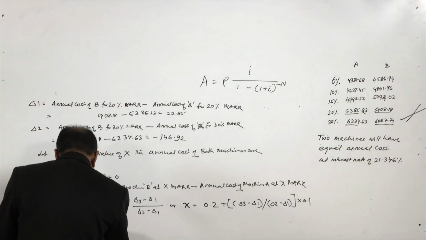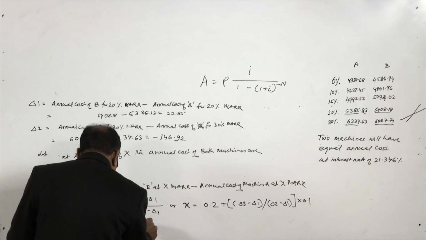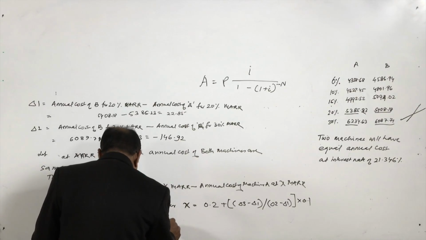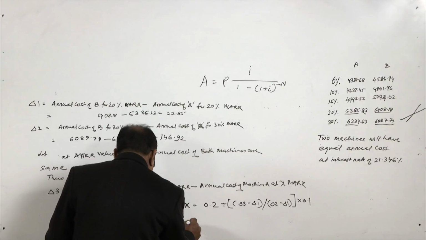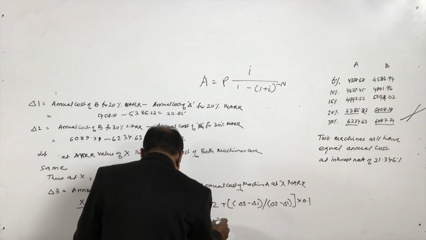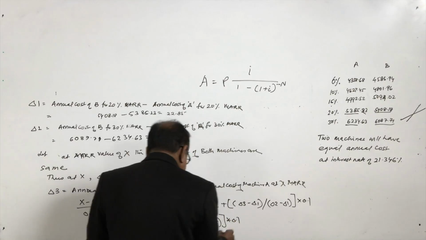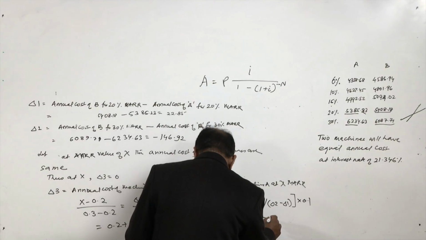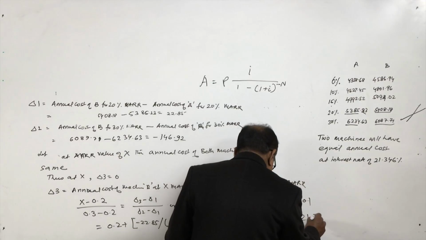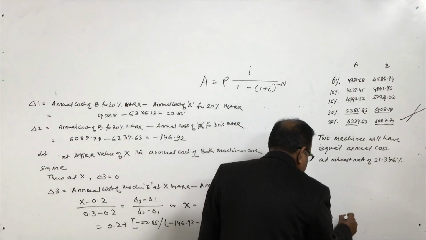This gives a value 0.2 plus 22.85 divided by in bracket 146.92 minus 22.85 into 0.1. This gives 0.21346, which is 21.346% MARR.